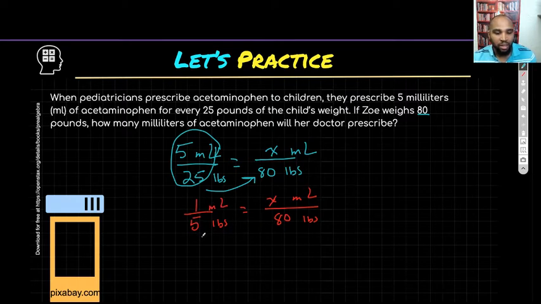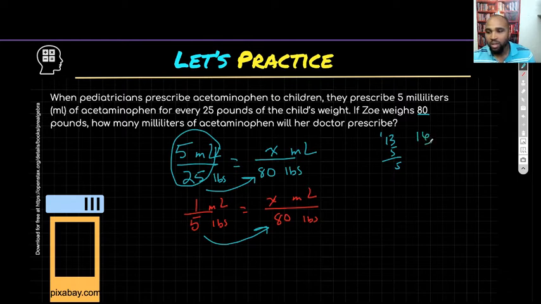I can see that if I wanted an equivalent, proportional fraction, I need to find a number that multiplies 5 by something to get 80. That would be, I think, 13. 13 times 5, no, what is that? 50, 30 more, 16.